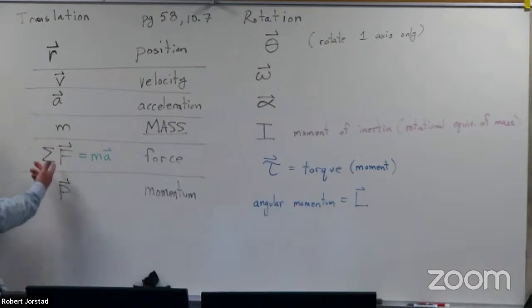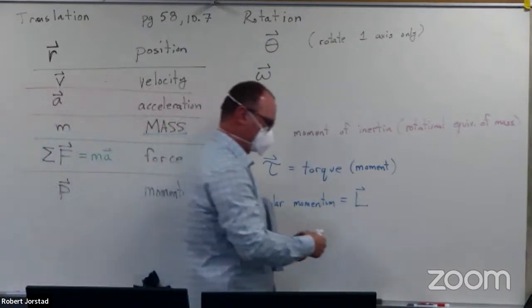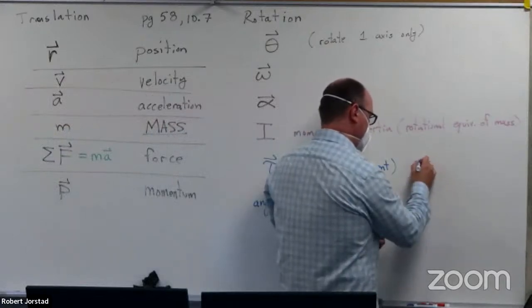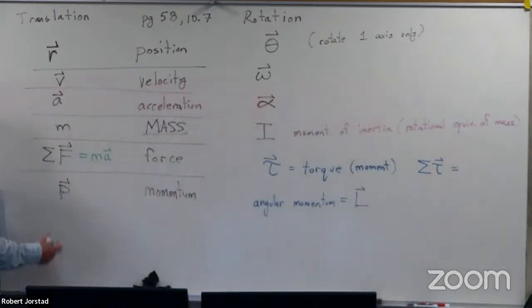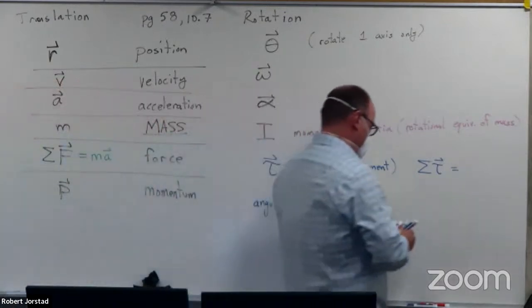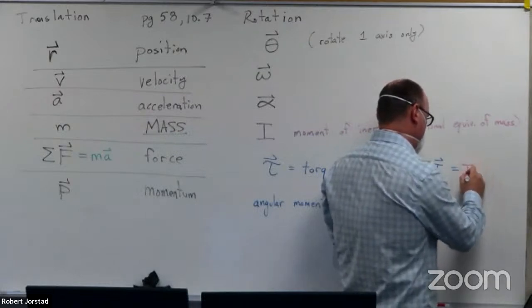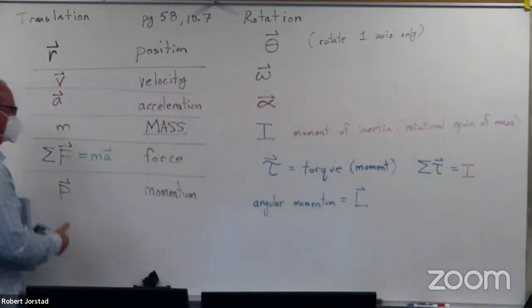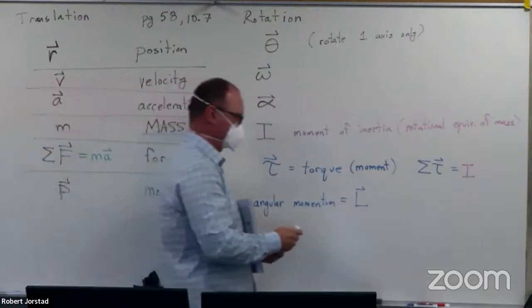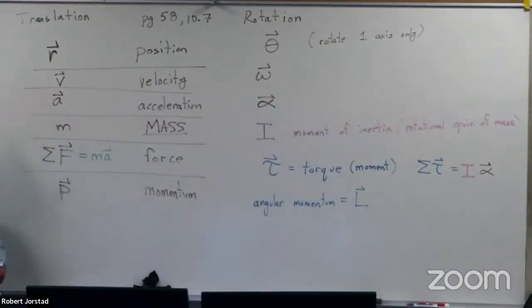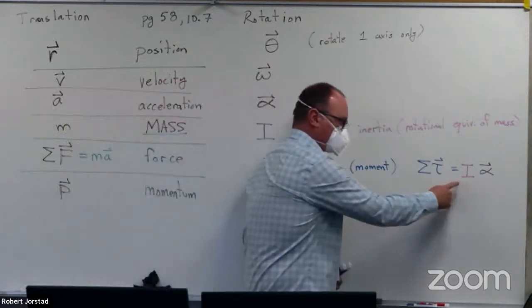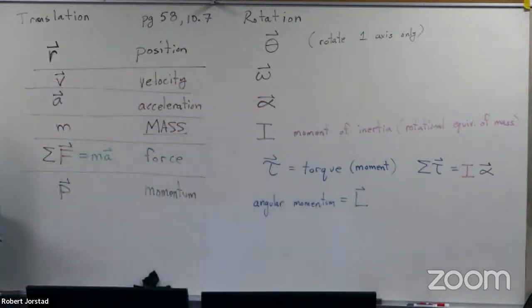Well, the rotational equivalent of sum of forces would be sum of torques, or sum of moments, equals, what's the rotational equivalent of mass? Moment of inertia, what we're going to talk about today. What's the rotational equivalent of acceleration? Alpha, fish swimming left. There we go. So we're going to spend some time making sure we can understand moment of inertia because it's used to help us understand rotation.